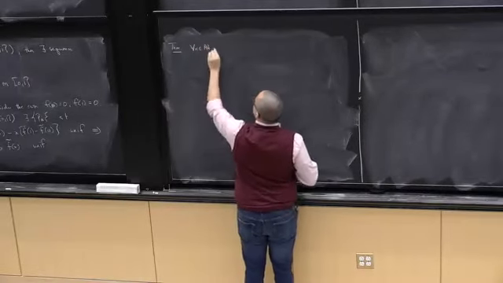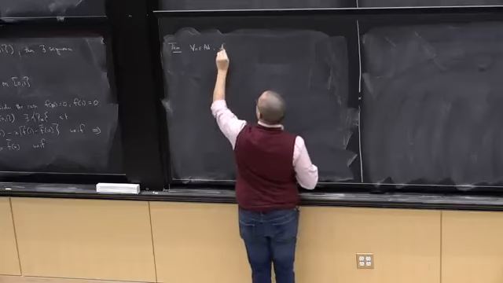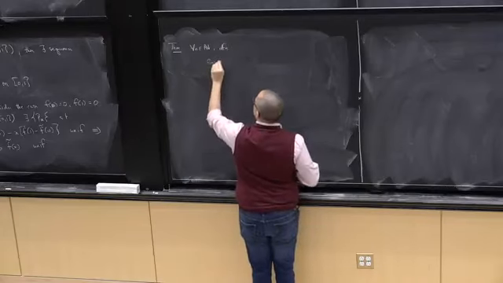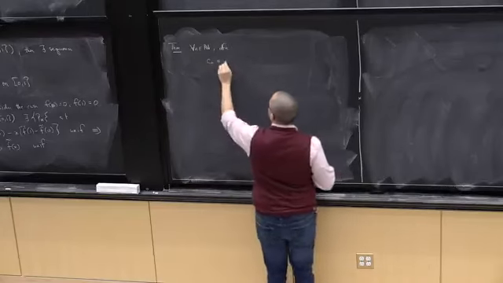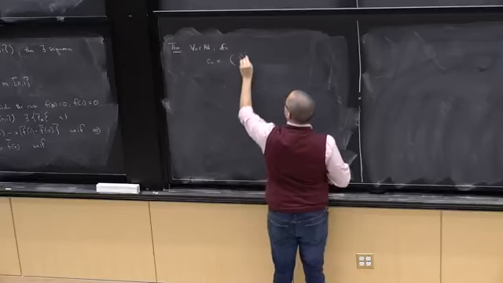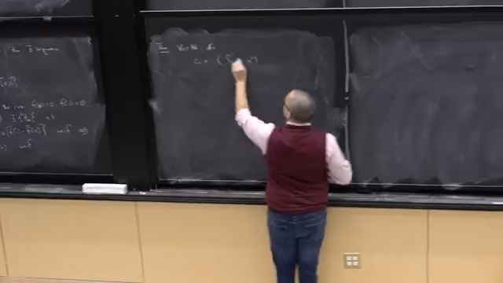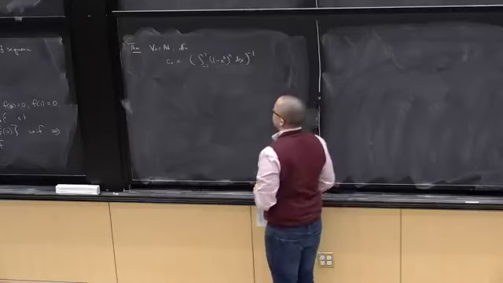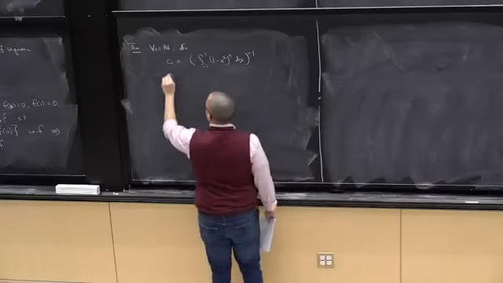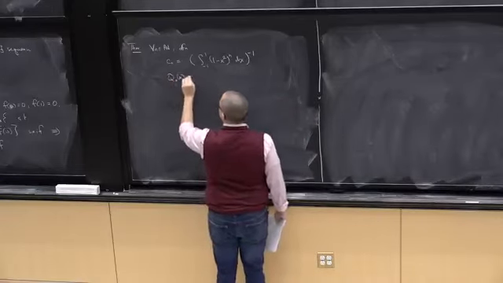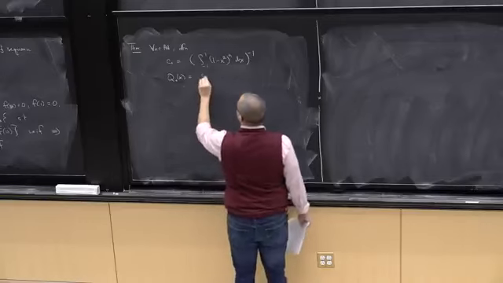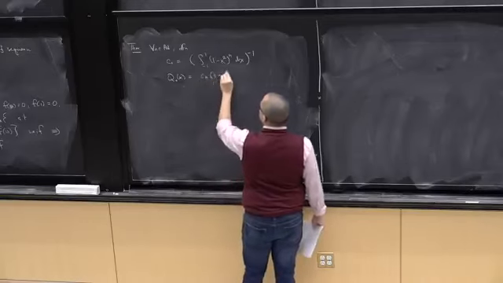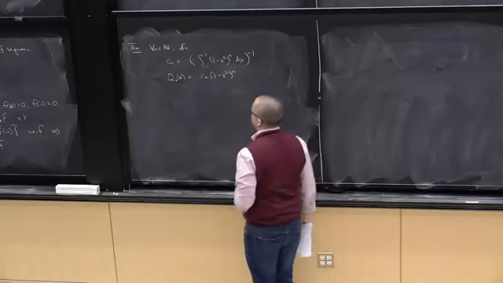So for all n natural number, define c sub n. This will be 1 over the integral from minus 1 to 1 of (1 minus x squared) raised to the n dx, and then q sub n of x is going to be equal to c sub n times (1 minus x squared) raised to the n.